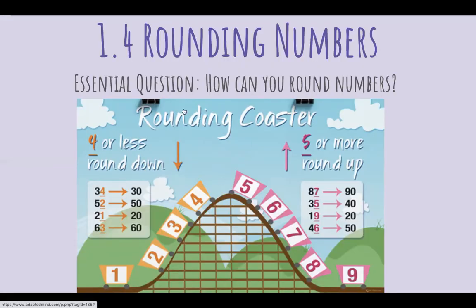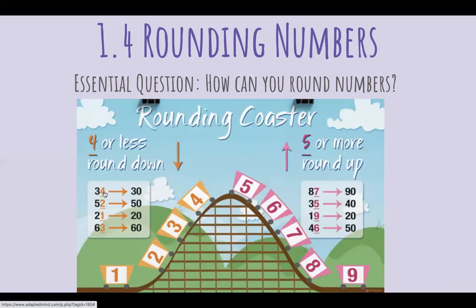Going back to this visual, this is our rounding coaster. Let's look at a couple of these examples. For the number 34, if I want to round to the closest 10, I have to go to the number next door.